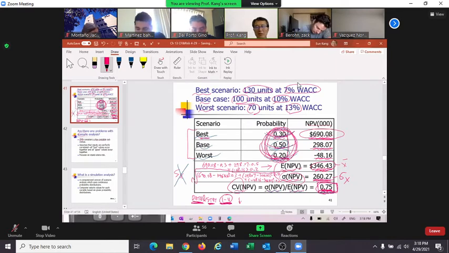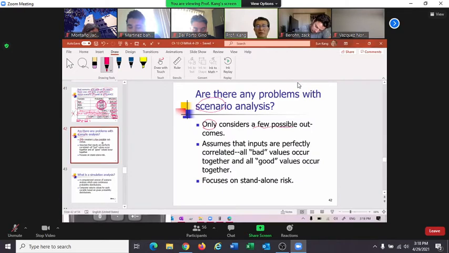There can be second best, third best, also maybe thousands or millions of cases, right? So even if you have like 10 cases, that's not complete. So that's the problem. And another problem is that it assumes that inputs are perfectly correlated, right?